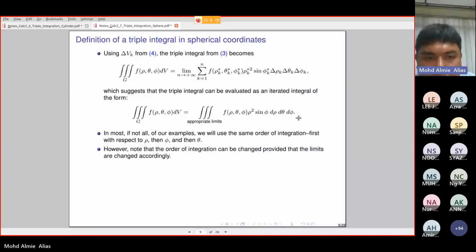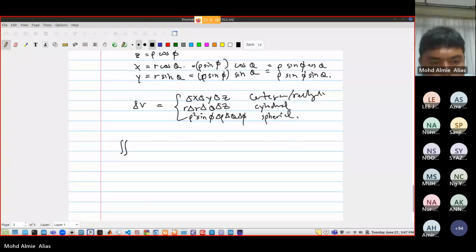Which means that if you are asked to do a triple integration where f is a function of 3 variables, rho, theta, and phi, then your dv is taken from here.